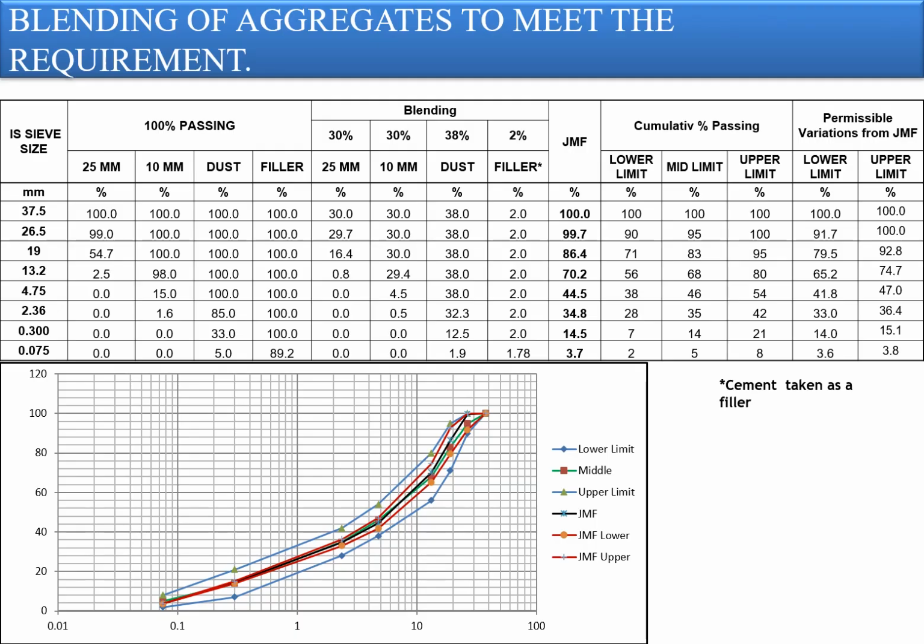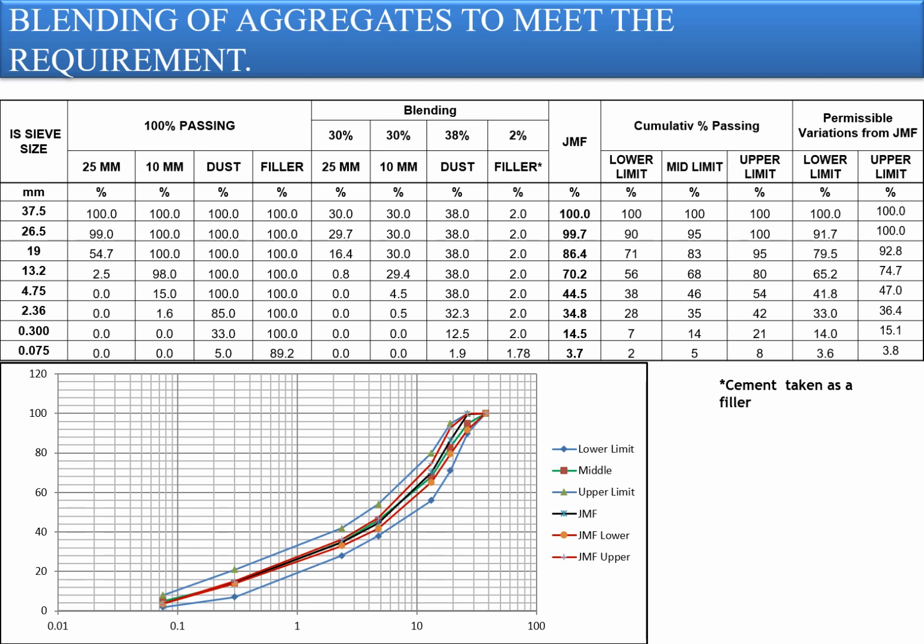Once the grading is decided, like which grading you have to follow, then you need to check the proportion of the aggregates which can be used to meet the grading requirements as given in MORTH table 500.11, as discussed previously. So how this is done is the same rule like we do in WMM and GSB.